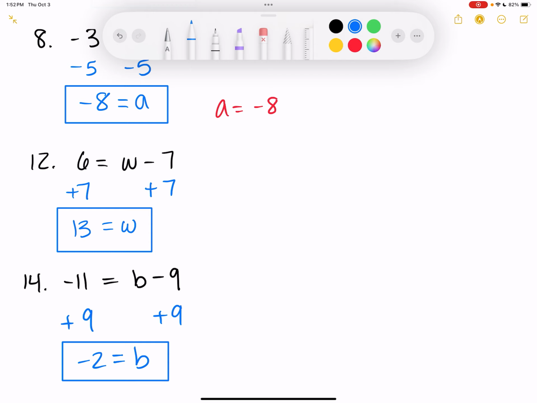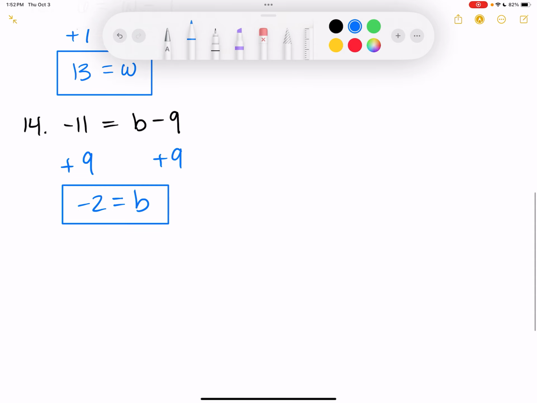All right, so that's adding and subtracting. Now we're going to move into multiplying and dividing. So 18. -4Q equals 52.